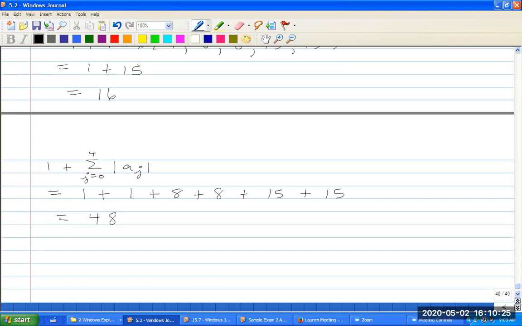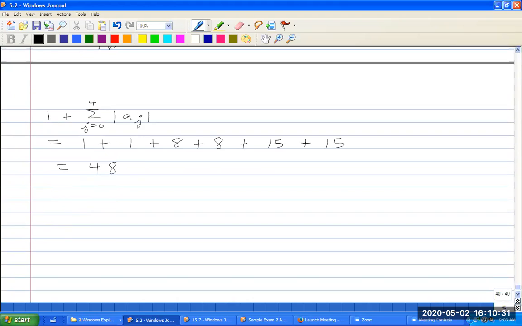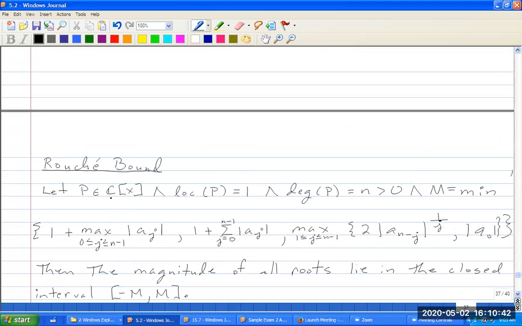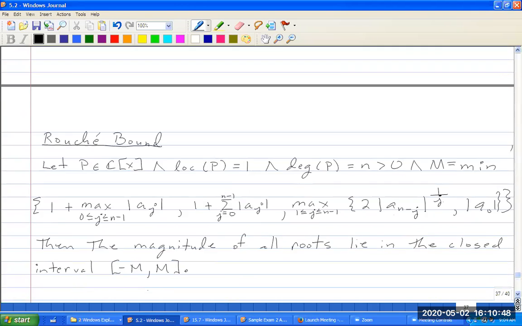Let's find the maximum of, oh, wait, one second. Yes, it is written there correctly.